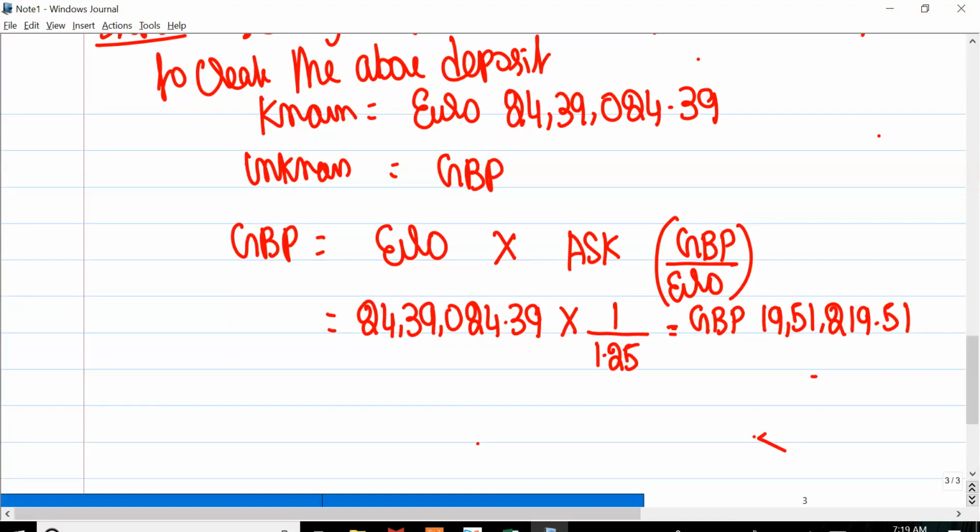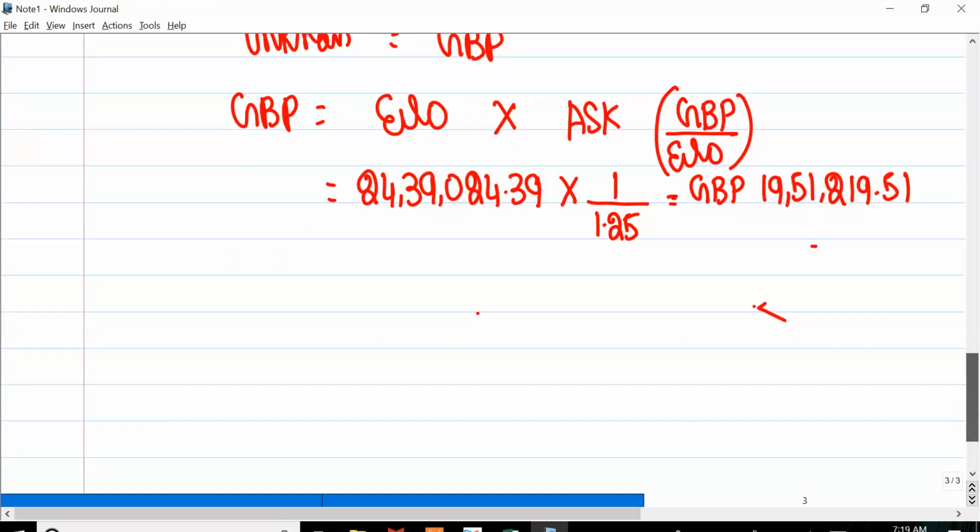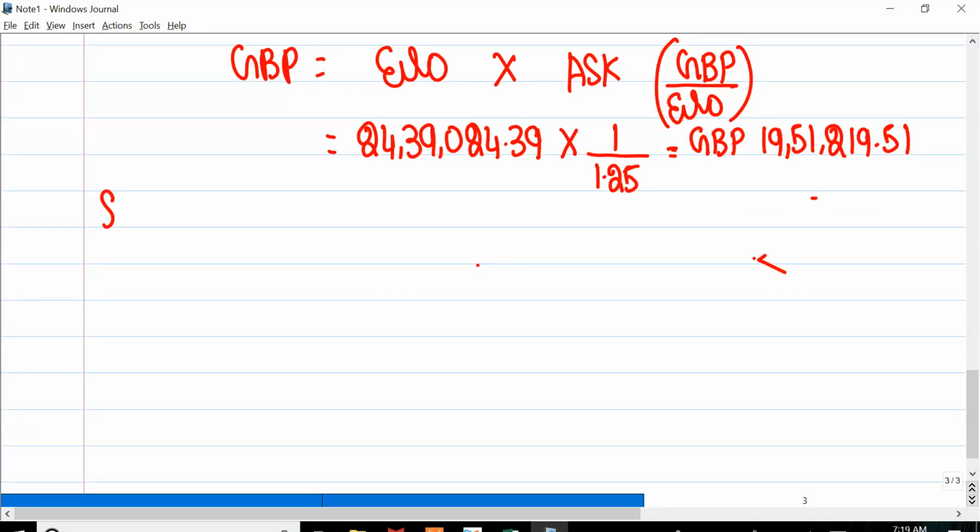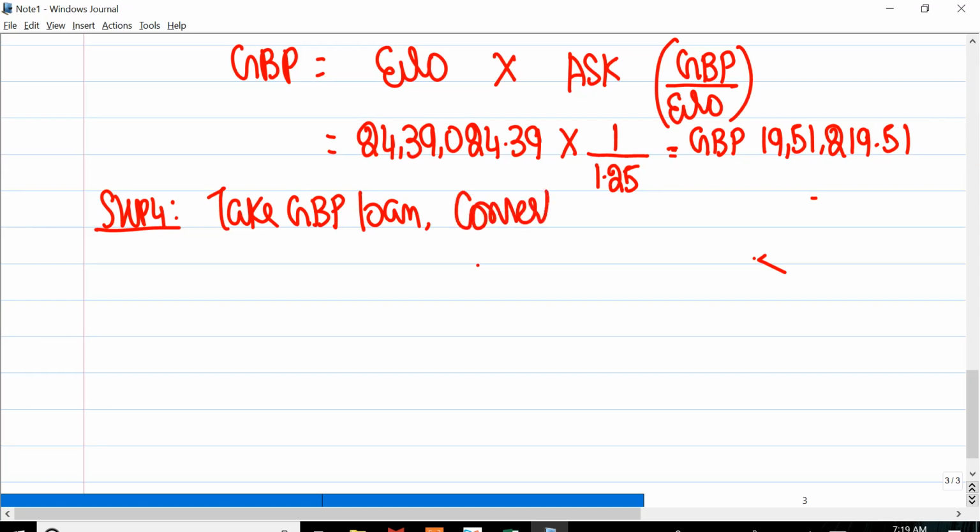Now write step 4: take GBP loan, convert into euro, and create a deposit.